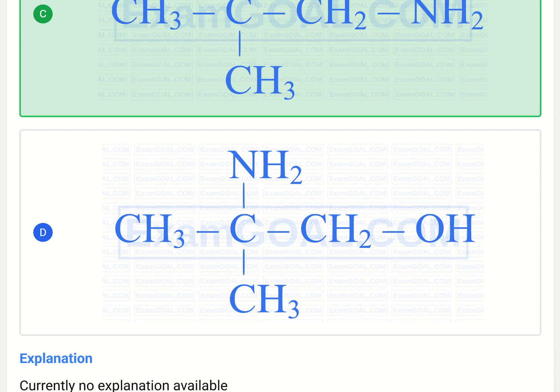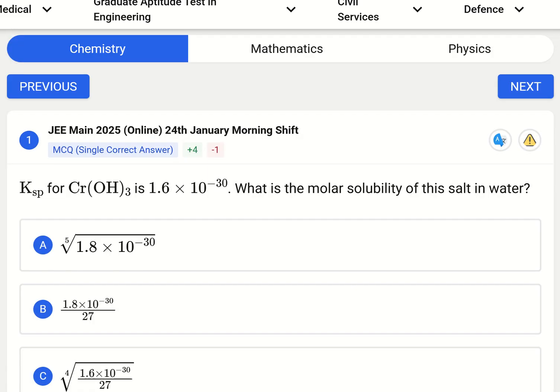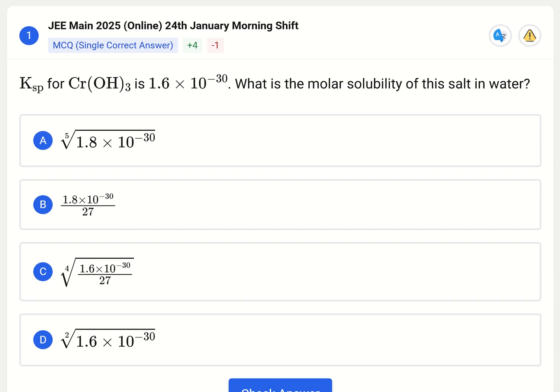So moving to the question number 9. Okay. KSP for Cr(OH)3 is 1.6 into 10 raised to power minus 30. What is the molar solubility? Easiest question from solubility product till now. What is KSP?